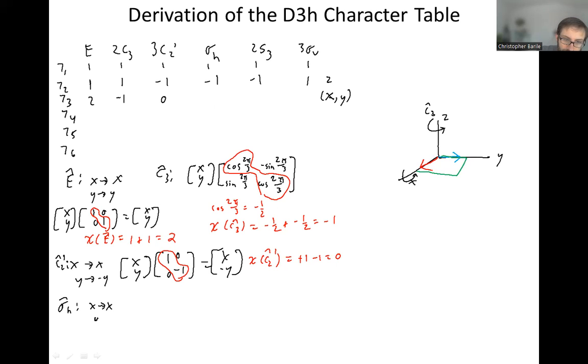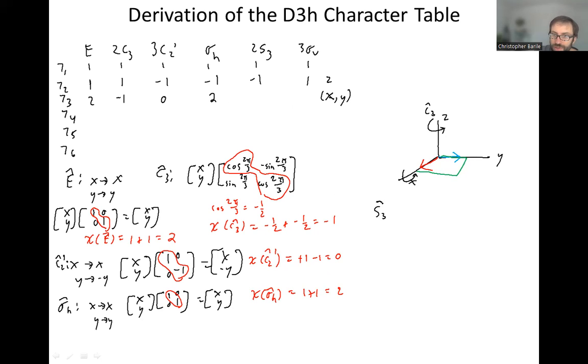So x is going to go to x, y is going to go to y. And so you're going to end up with the identity matrix, and so the trace of that matrix, again, is equal to 2. A way of writing that is chi, the character or trace of the matrix, is 1 plus 1, which is equal to 2. So we get a 2 here.